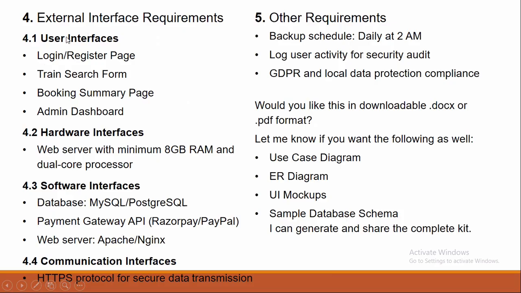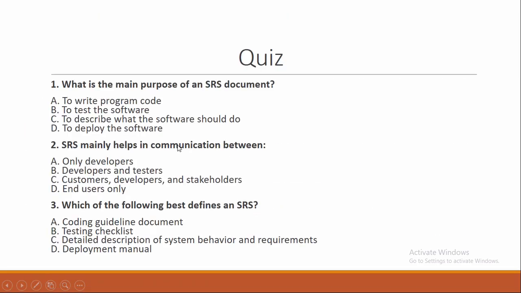Then I'm going to write the external interfaces I require for my system: user interfaces, hardware interfaces, software interfaces, communication interfaces and so on. I'm going to mention these in this document. So this is all about my SRS, this is how we write the SRS document. I hope you understand what exactly the SRS is and how we write it.